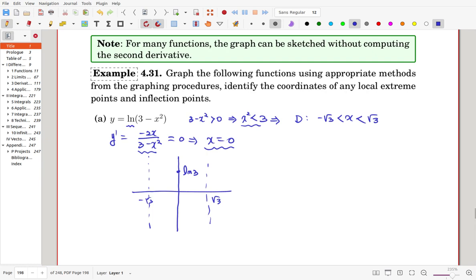This is a critical point. If x is less than 0, then y prime must be positive, so that it's increasing. And now x is positive, then it is negative, it's decreasing.